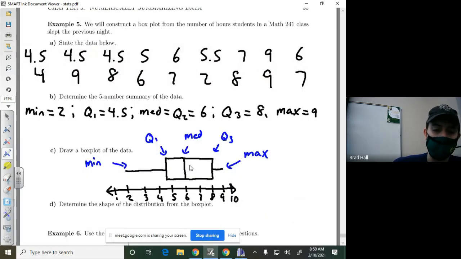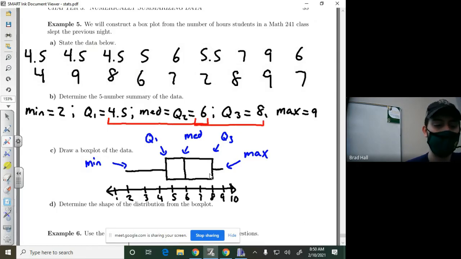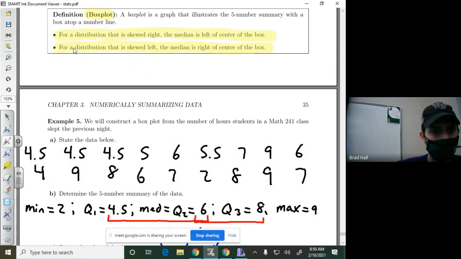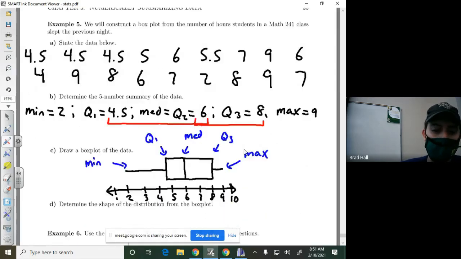And we can definitely tell that the median is slightly closer to the first quartile than the third quartile. So that means the median would be left of the center, which would say it's skewed right, but in a tail sense, it'd be skewed left.